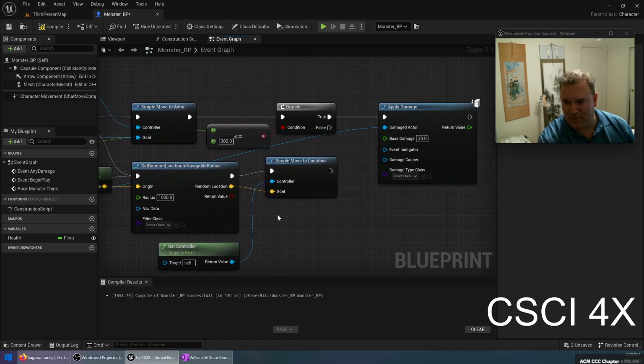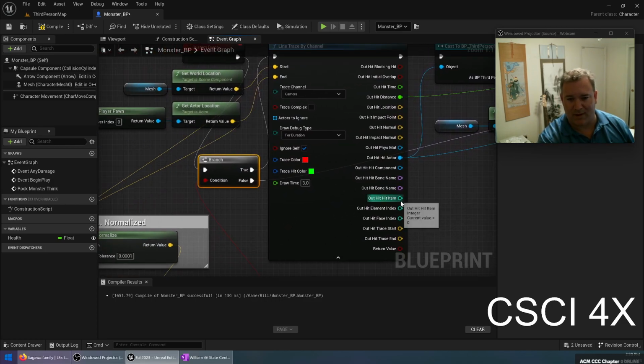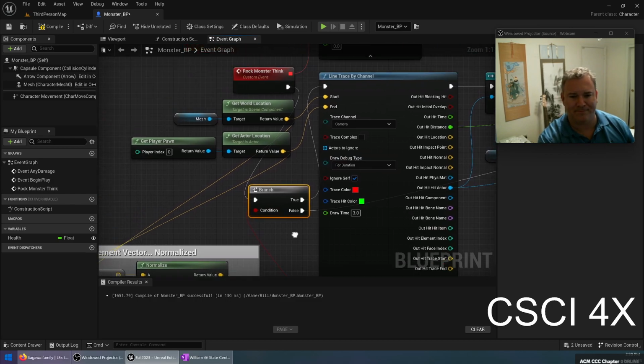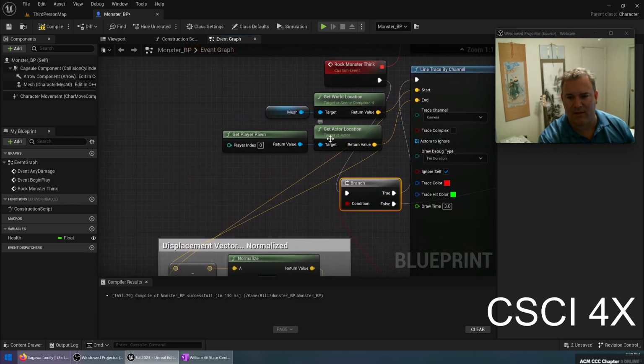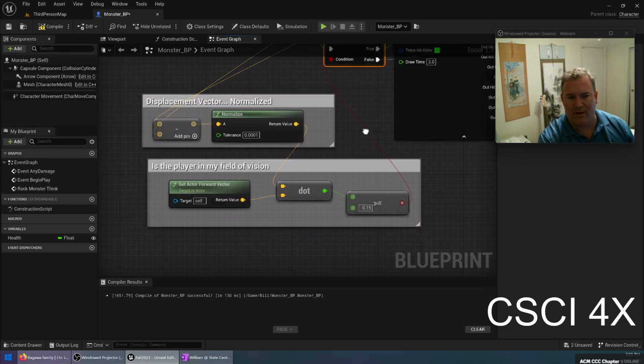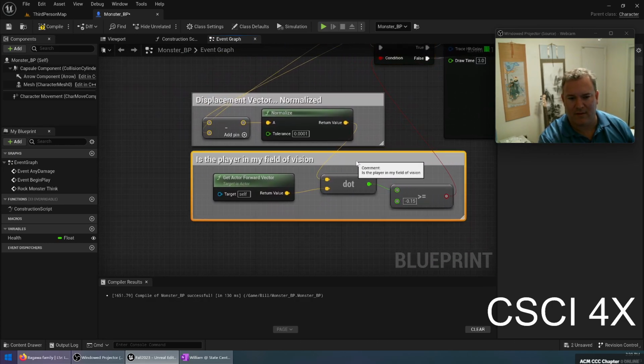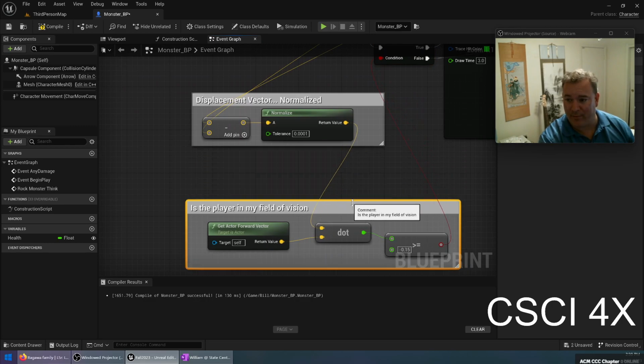There's one other thing we should do, and that is the maximum sight distance that it can see. It's really annoying in video games when monsters can see you across the map and just shoot you, or something like that. So the other thing we should check for is how far the player is.